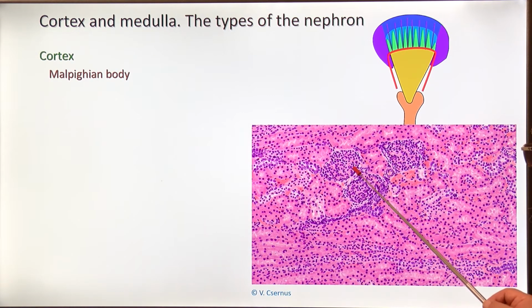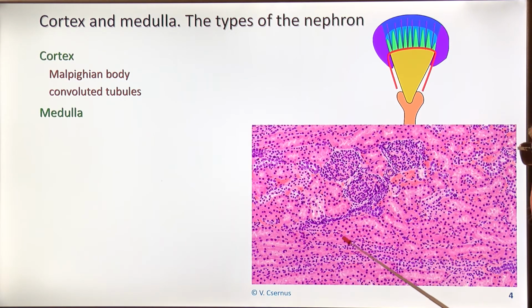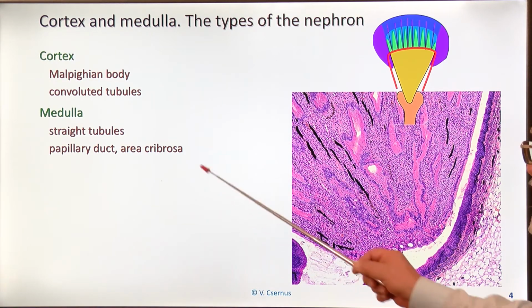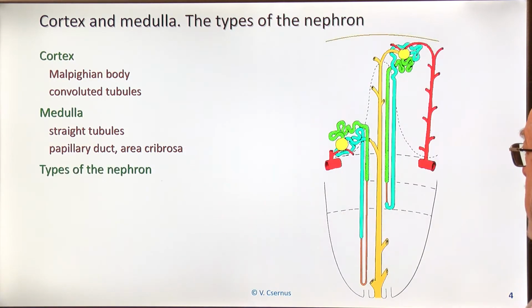In the cortex, once again we have a Malpighian corpuscle and the convoluted tubules. In the medulla, we have the straight tubules, and at the end, when we close down, these tubules become bigger and bigger. The cuboidal epithelium turns columnar, and at the papilla will open into the lesser calyx. This area is named the area cribrosa.